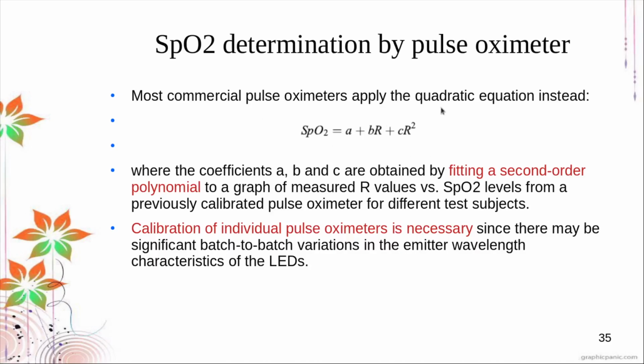If it's a commercial one, the lag time is due to first getting sets of data, and then fitting a graph there, and then getting the A, B, and C from that. That is also why calibration of individual pulse oximeters is necessary. So when you want a really accurate pulse oximeter, make sure that when you buy one, it has a certificate of calibration.